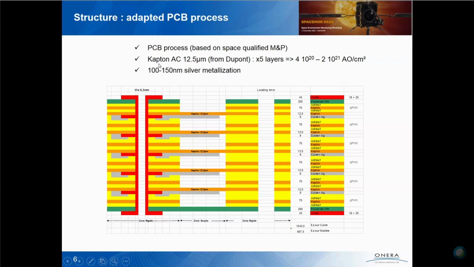In this case, we make use of Kapton AC films of 12.5 micron that allow us to monitor atomic oxygen fluence in this range, a few 10 to the 20 up to 2 to the 21, with, as I've already mentioned, a very thin silver metallization, about 100 to 150 nanometer.